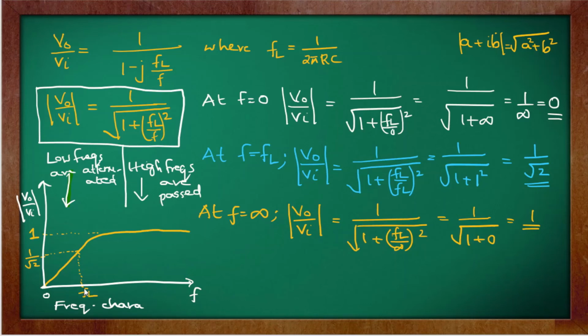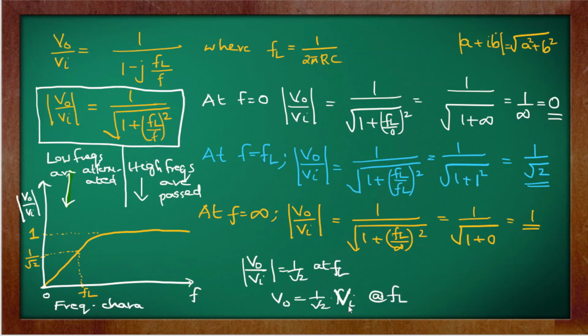And this is FL. FL is that particular frequency at which the magnitude of V naught by Vi is 1 by root 2. That means V naught is equal to 1 by root 2 times Vi at FL.